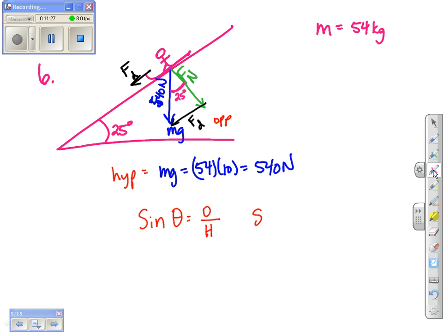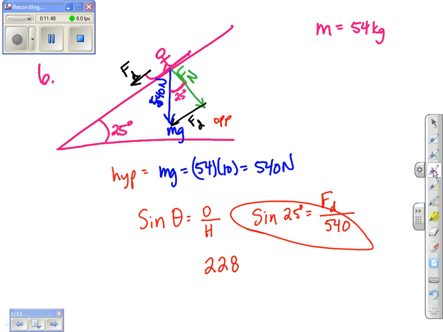So we're going to fill in what we know. Sine of 25 equals our opposite, which we call FD, divided by our hypotenuse, which is 540. So we're going to take this and cross multiply. And when you cross multiply on number 6, you should get an answer of 228.21 newtons.